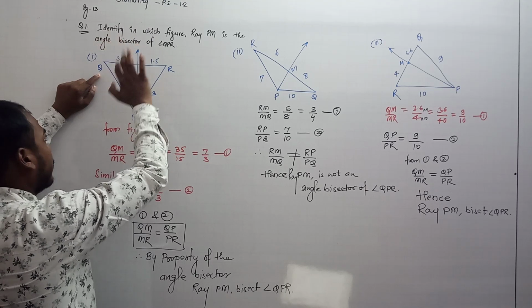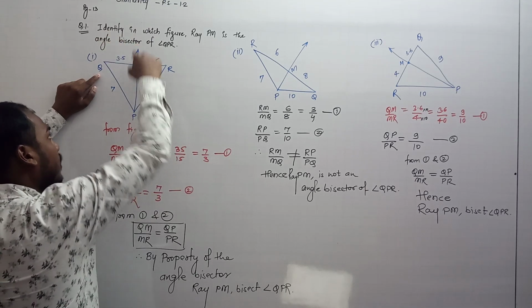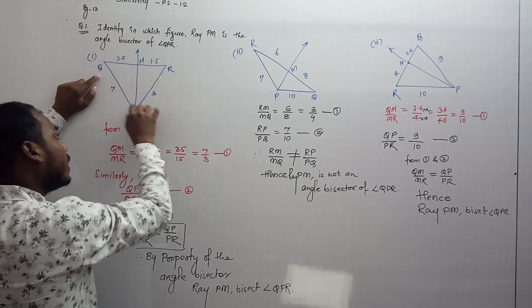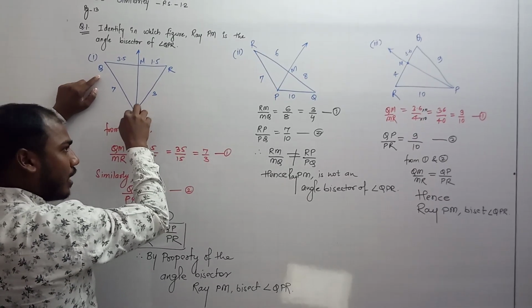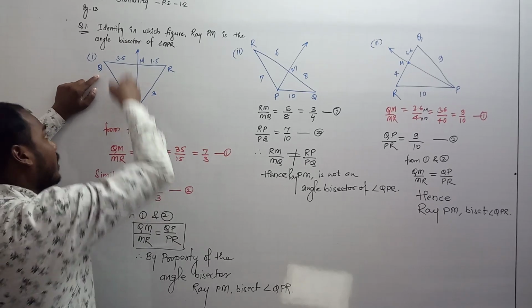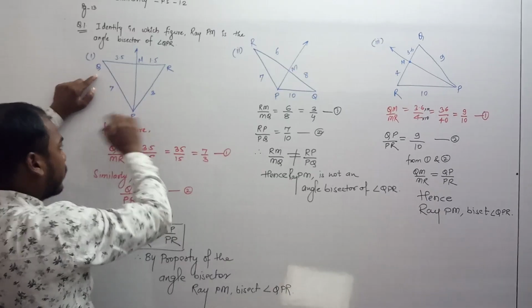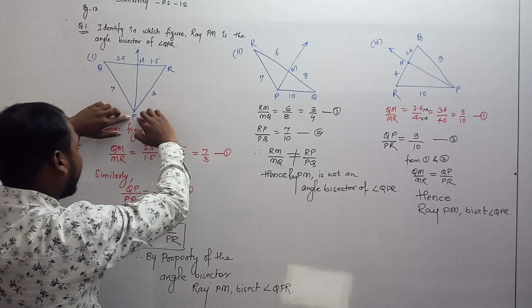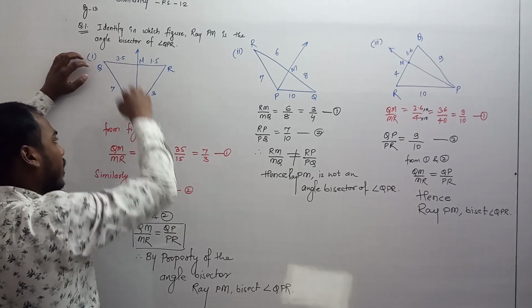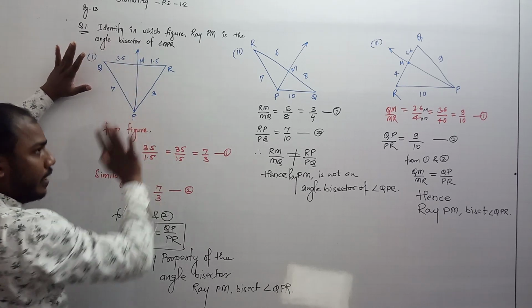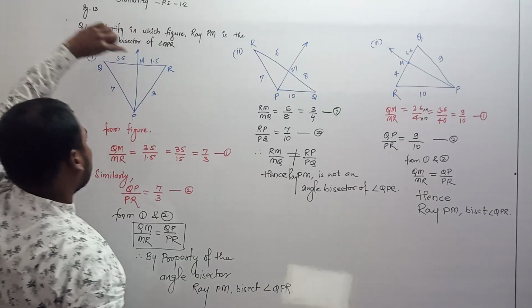If PM is the angle bisector of angle P, then taking P as a vertex, opposite to it is side QR, and this line divides side QR in some ratio.